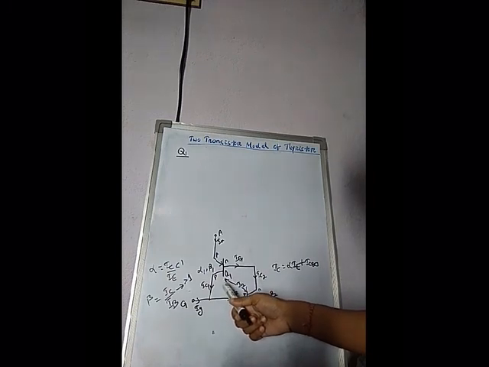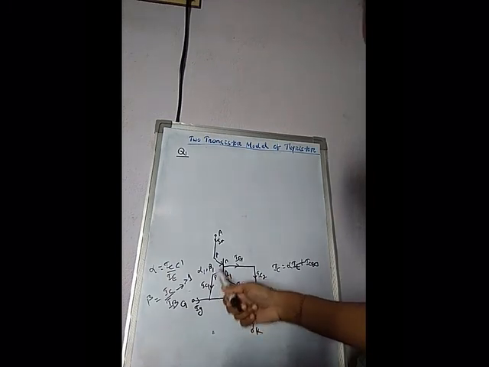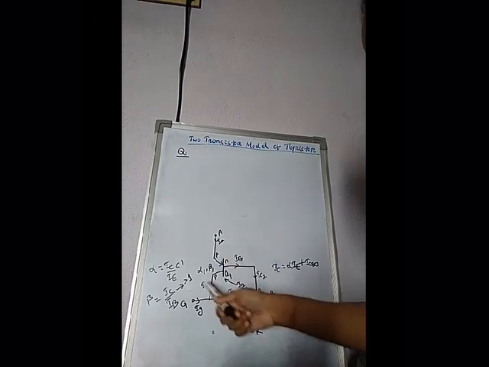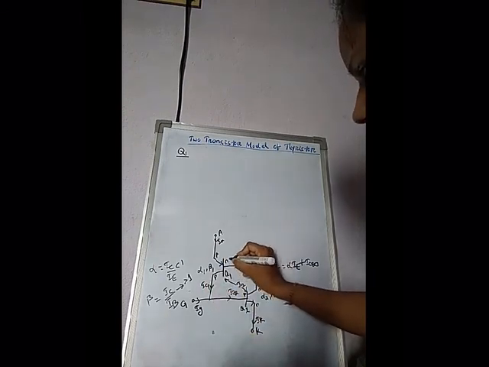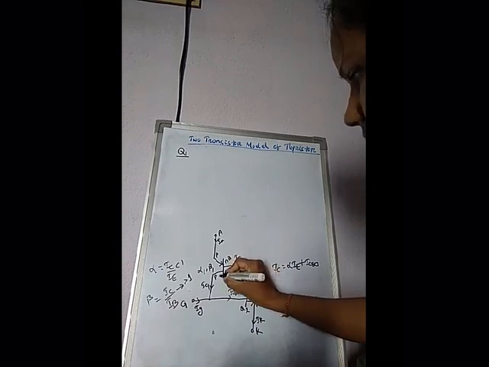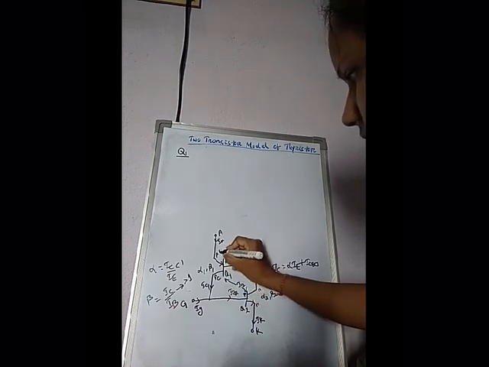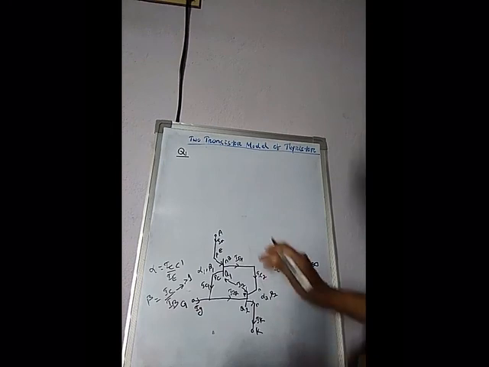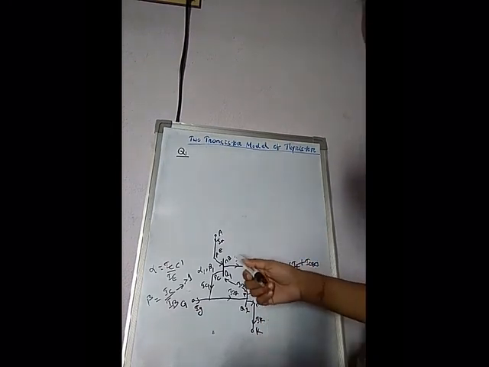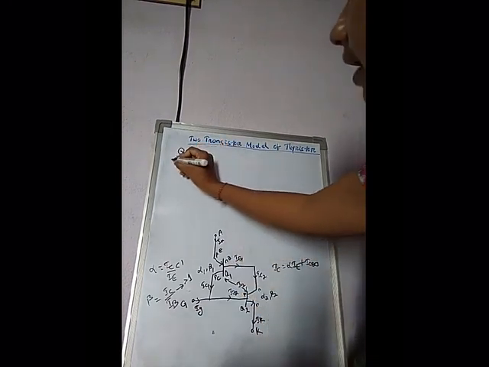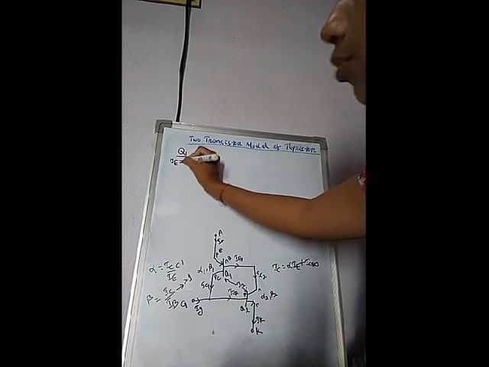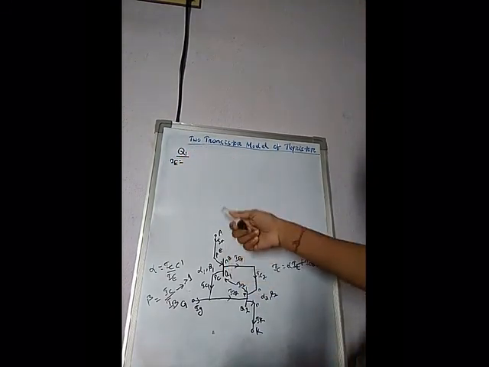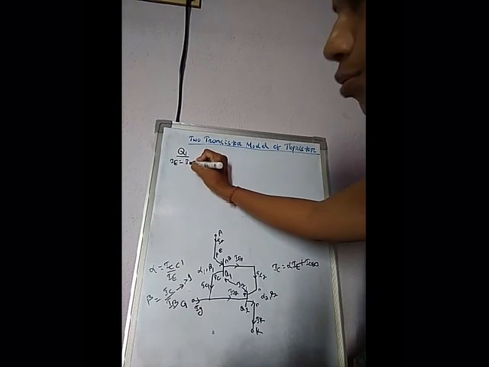Emitter current is which one? This is base, this is collector, this is emitter. For this transistor, this is base, and this is collector, and this is emitter. So here emitter current IE is equal to which one? Anode current. IE is equal to IA.